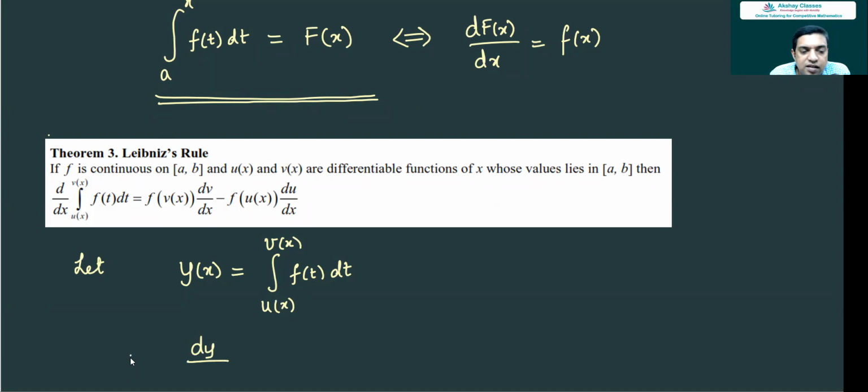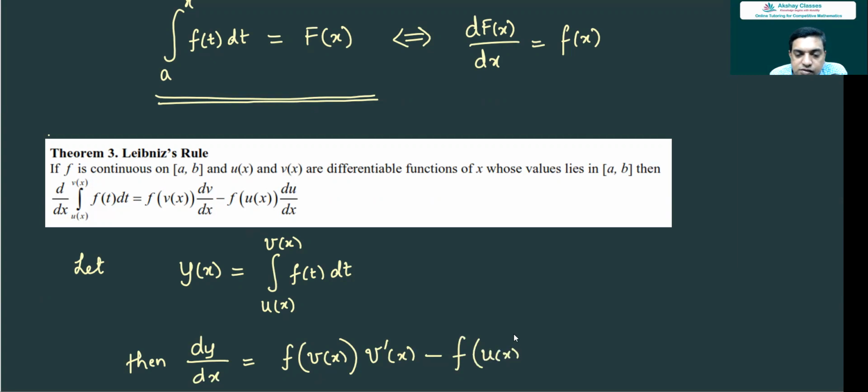Then dy by dx, the derivative, is: substitute the upper limit into f, f of v of x, times the derivative of the upper limit, v dash x, that is dv by dx, minus f of the lower limit u of x times the derivative of the lower limit.